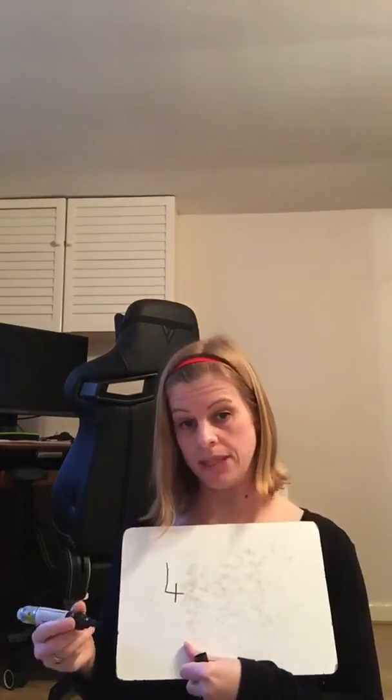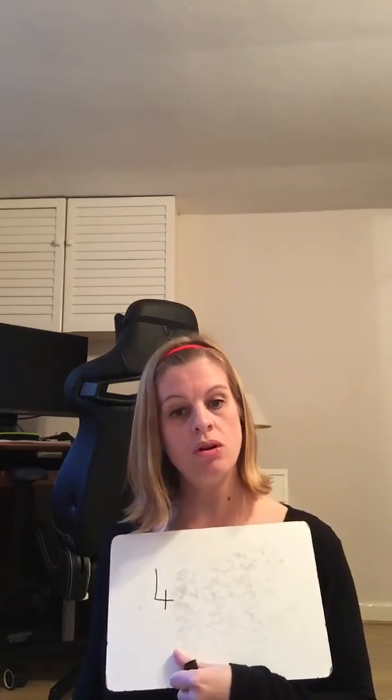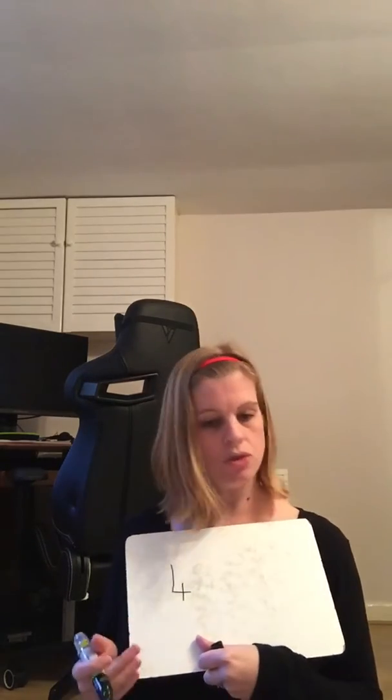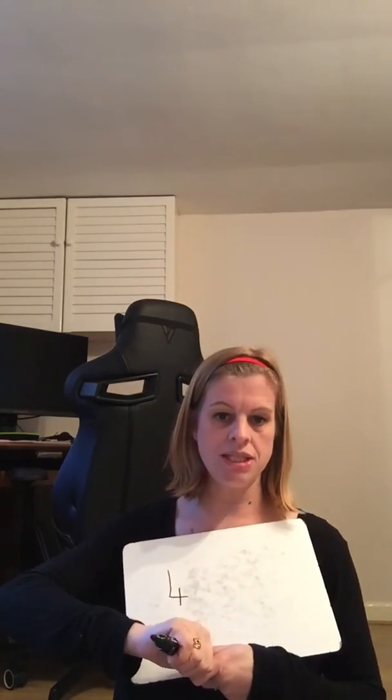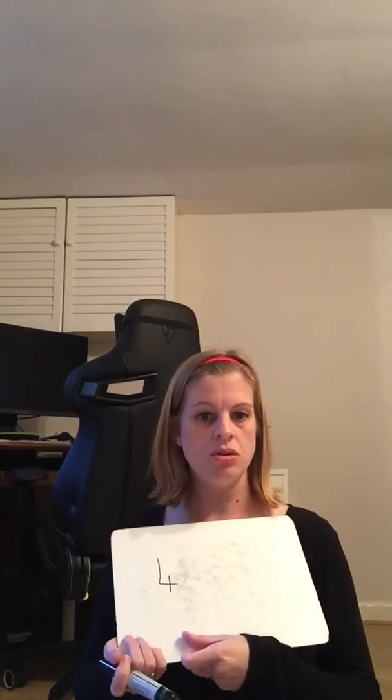So let me show you. So if your grown-up was to say 4, grown-up, or you, because you're really good at writing numbers now, aren't you? You could write 4 on your board, and either using your counters, I'd like you to decide if that number is odd or even.